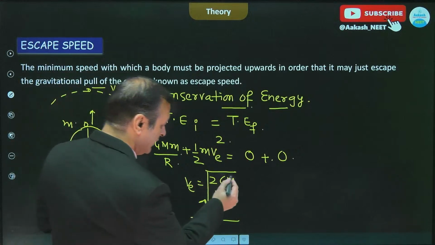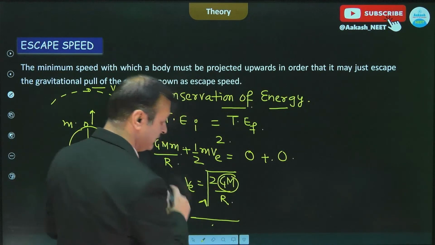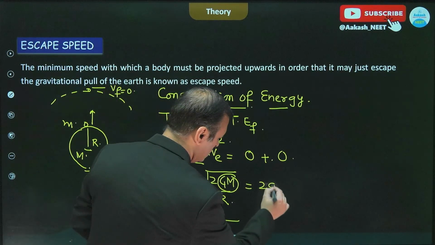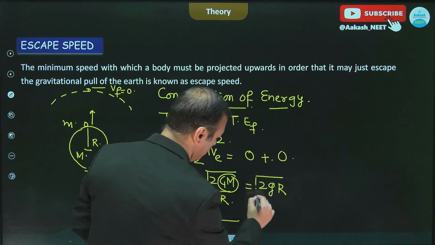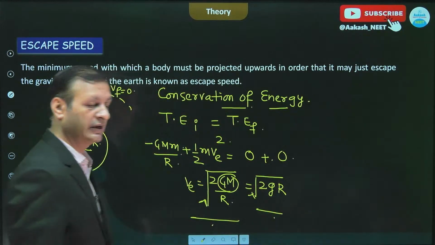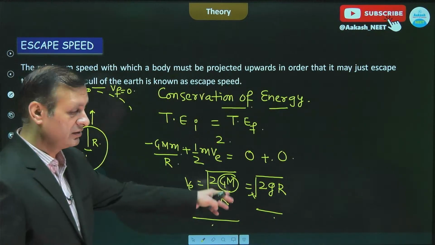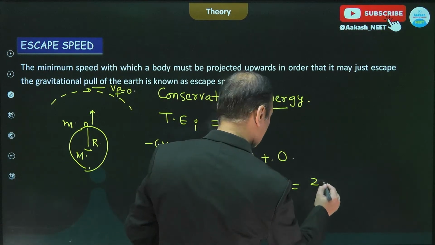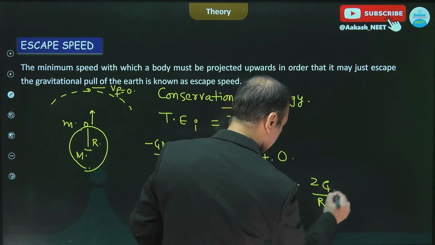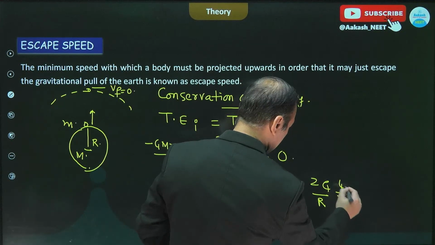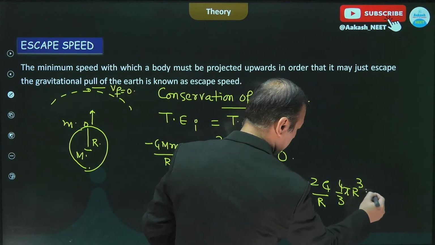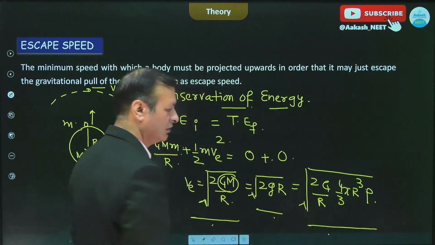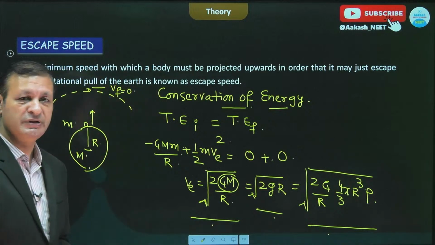Now again, if you put the value of capital G, capital M as gR square, the same formula will get reduced to this one. And if you put the value of mass again as 4 by 3 pi R cube into density rho, this is another formula for the escape speed.